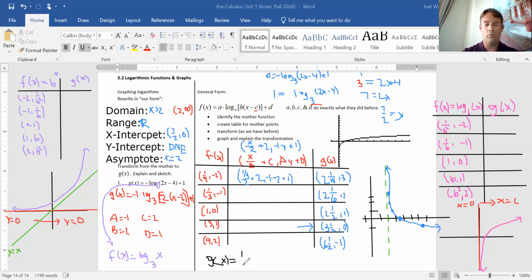We have 1/2 log base 2 of 1/3 x minus 1, all that is going to be then subtracted by 2. All righty, friends, go ahead and pause the video and take a shot at it.